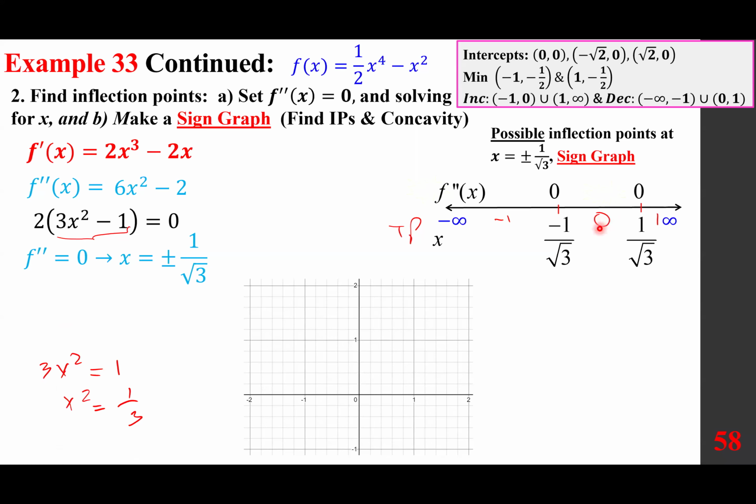So go with 0. If you plug it into F double prime, everybody, F double prime makes it negative 2. So if this is negative, they will alternate. Both of them are positive. Because of the change from positive to negative, from negative to positive, both points are points of inflection.